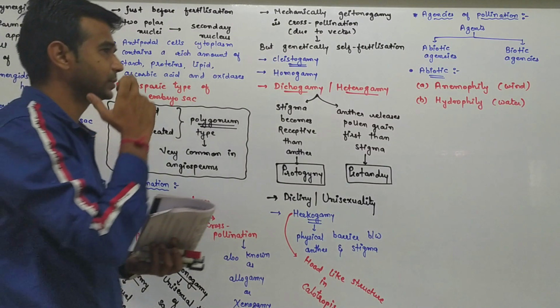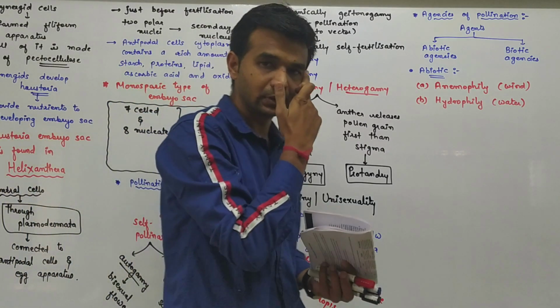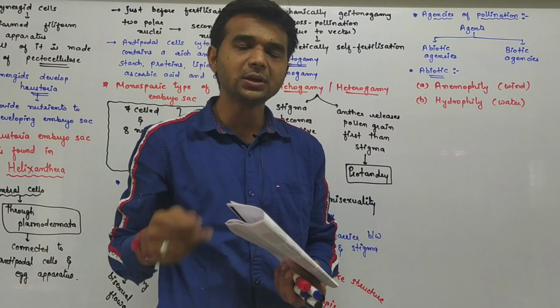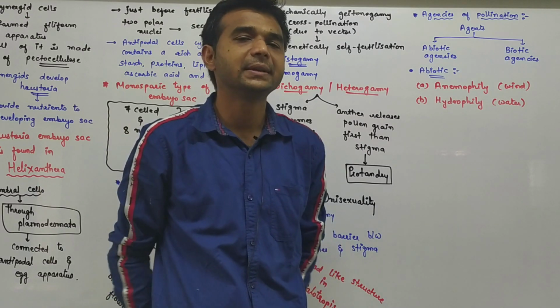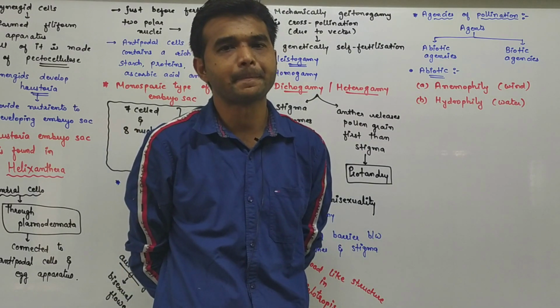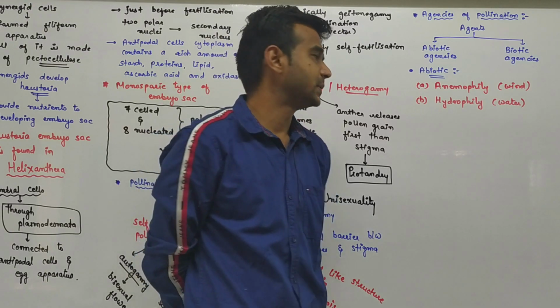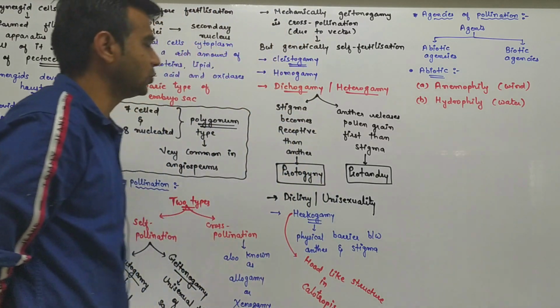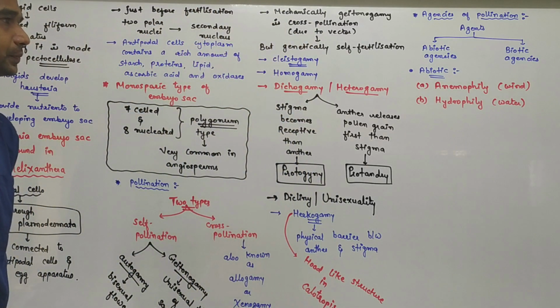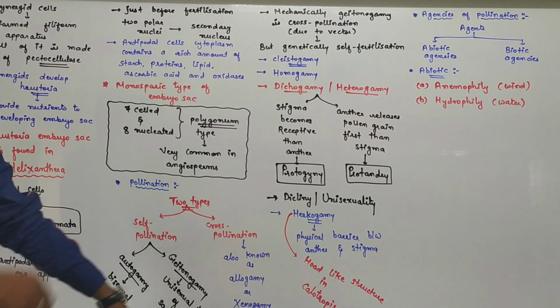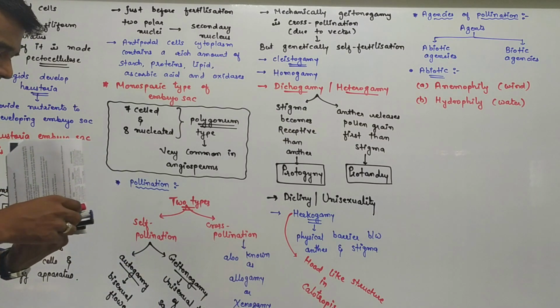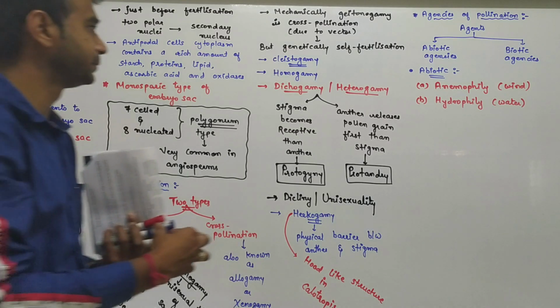In abiotic agencies, two things are there, wind and water. If the pollination occurs through wind, that is known as anemophily. And if the pollination occurs through water, known as hydrophily. Later on we will discuss this in detail one by one.